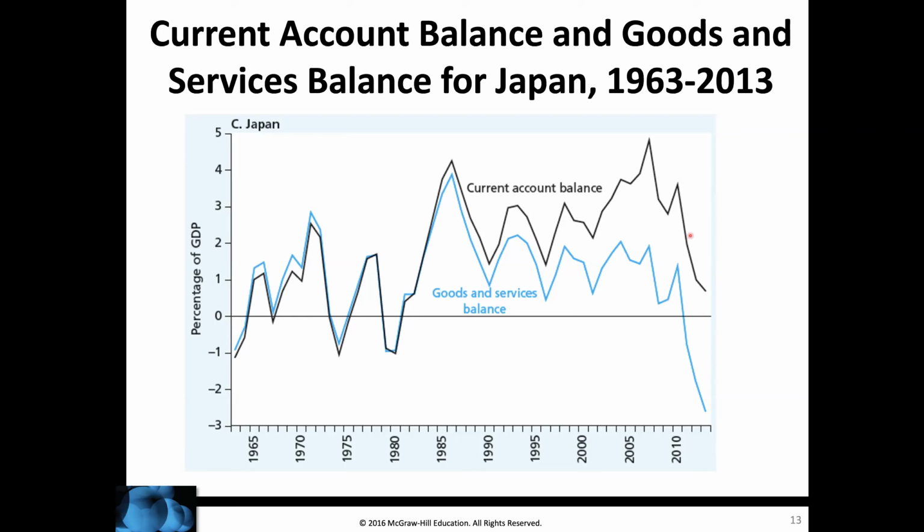And the current account balance has remained above that level, but you can see this huge drop off of goods and services balance in relation to GDP. That could suggest that maybe they're importing now a lot more than they're exporting, whereas in these decades here, Japan was a huge exporter of goods and services. You think of automobiles and other manufactured items that were considered high quality. They've had a lot of competition from other parts of the world. So I'm sure there are other factors leading to this decline as well.